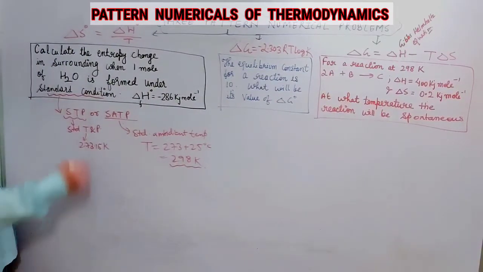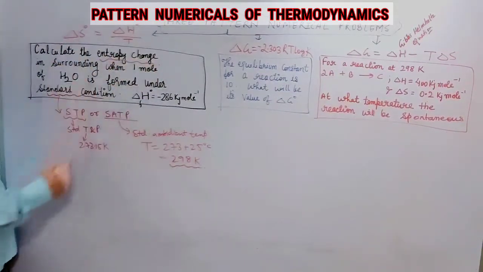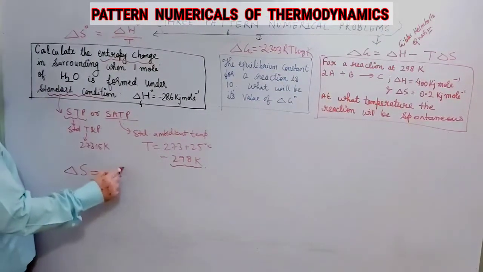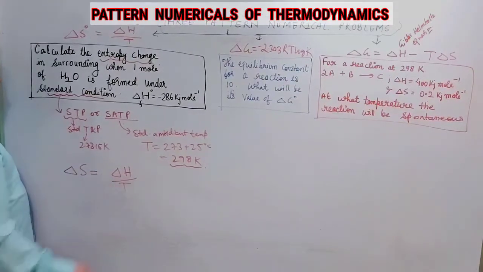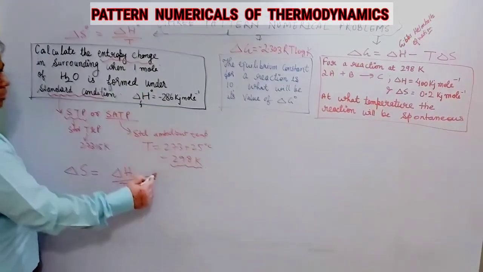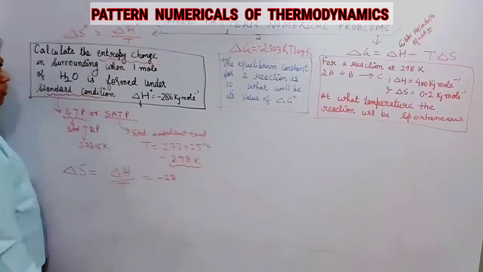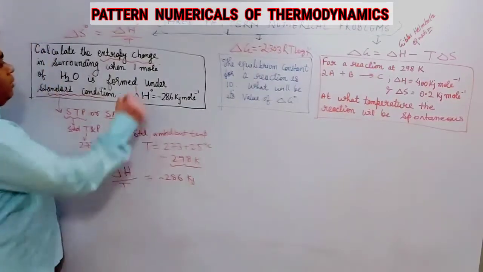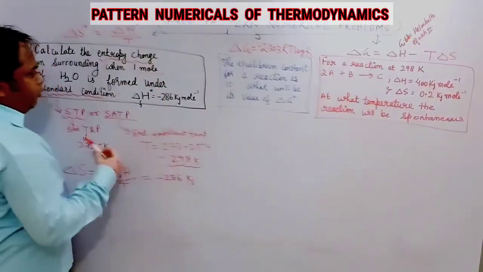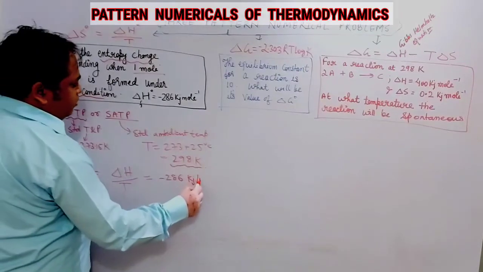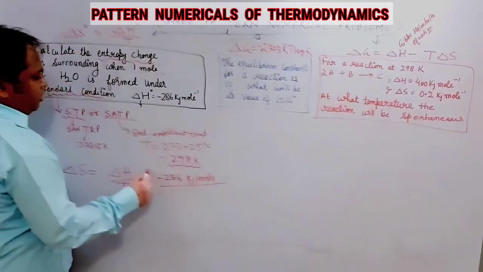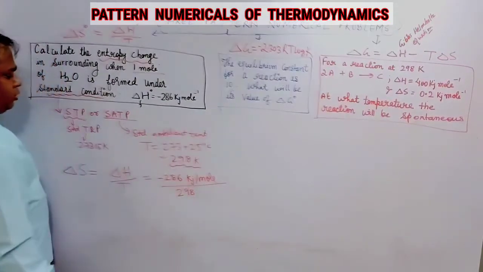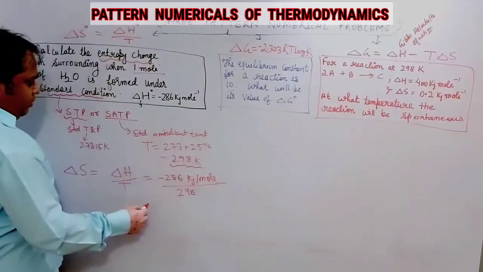So we have to find out entropy change. The formula for entropy change is delta S equal to delta H divided by standard temperature. This is equal to how much? Minus 286 kilojoule per mole. It is 1 mole only, so no problem. We don't have to multiply with anything. It is given in terms of per mole, and for 1 mole only we have to find out. Divide by 298. Since it is kilojoule, we can make it joule so that dividing becomes even easier.